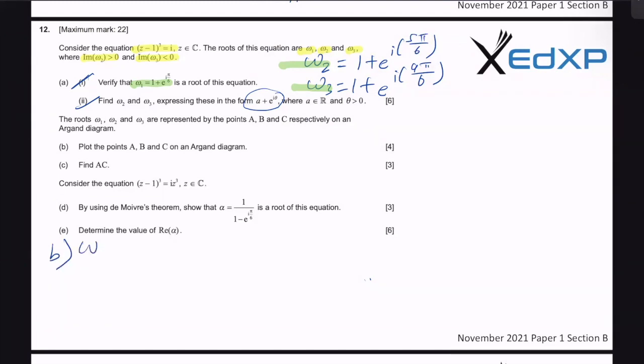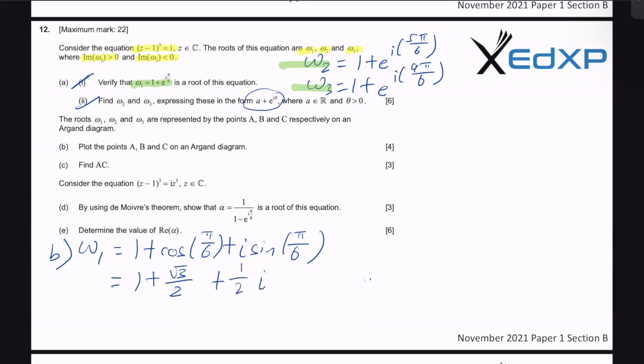Since these are special angles, I can actually solve for the Cartesian form. So let's try for omega 1. We have 1 + cos π/6 + i sin π/6. I'll just change it to cis form so that I can revert to Cartesian form, which is much easier to plot. So cos 30 degrees will be root 3 over 2, and sine 30 degrees will be half i. So this will be omega 1.